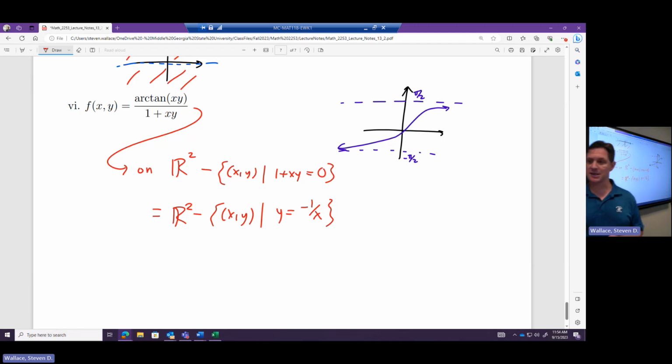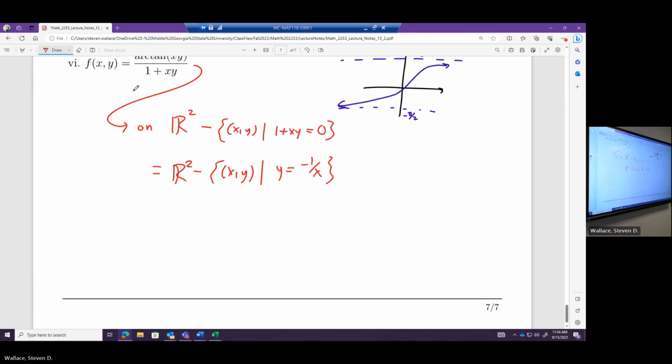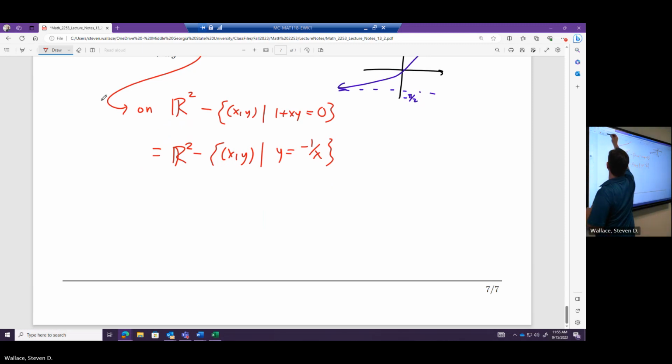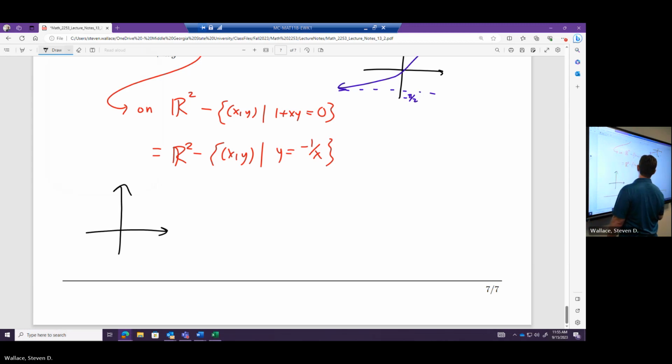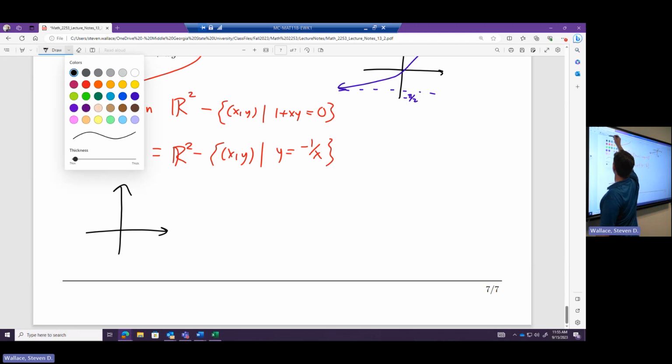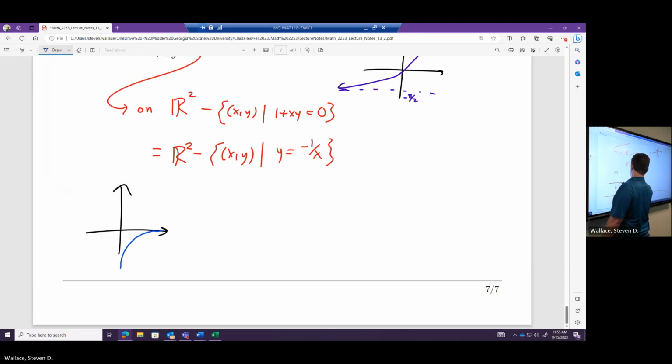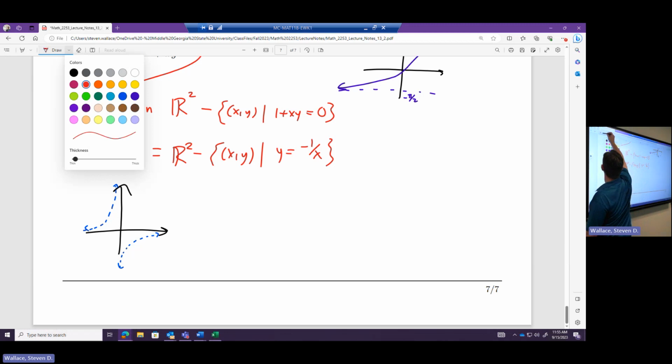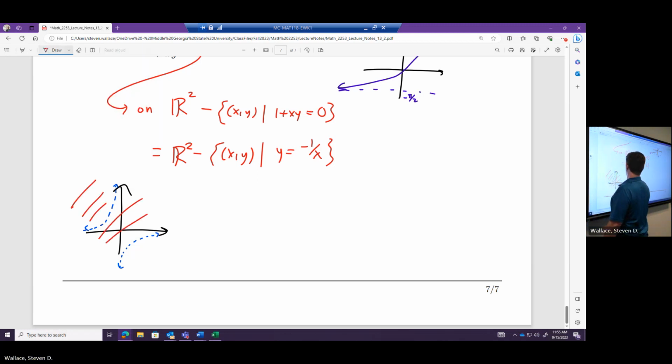So if I were to sketch this, -1 over x looks like this. And then it turns out everywhere else we have no issues.